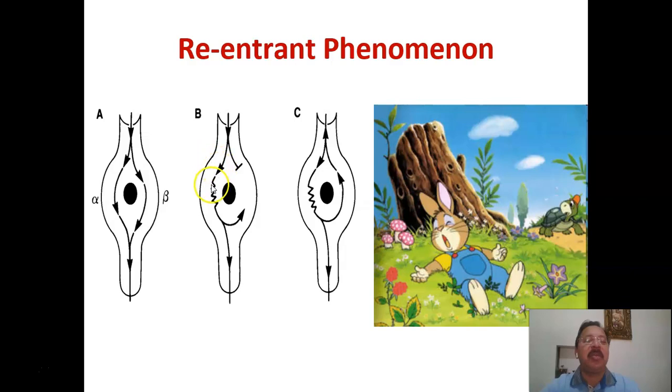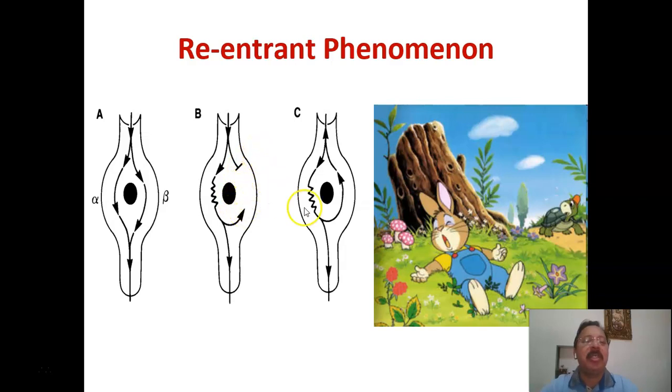Because it's a slow impulse, it goes slow, but it has a very short refractory period, because it will take a small nap and then it starts again and goes through in the retrograde fashion, and then enters a very critical phase where the fast pathway or the rabbit is still sleeping.